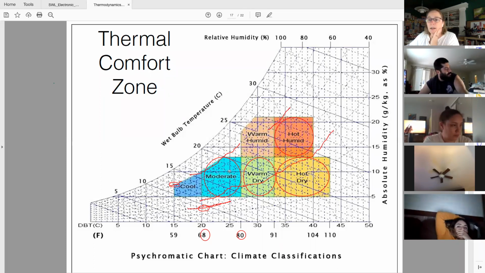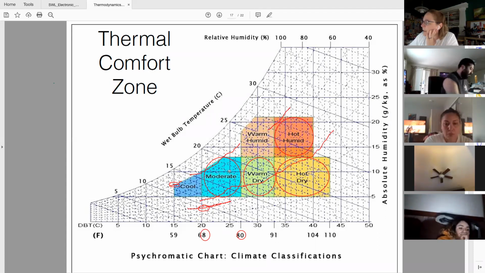Okay, just a guideline, but this is when they're talking about thermal comfort, or ASHRAE is saying how they define thermal comfort. These are the various different ranges that are deemed to be acceptable.